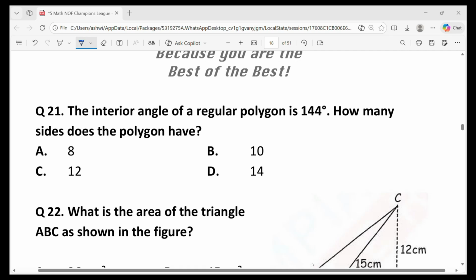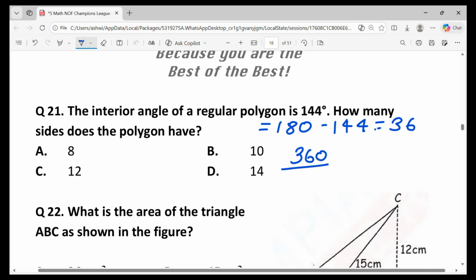Exterior angle is equal to 180 minus interior angle, that is 144, which is equal to 36. Sum of all exterior angles of a convex polygon is 360 degrees. For a regular polygon, number of sides will be 360 upon exterior angle, that is 36, which is equal to 10. That is option B.